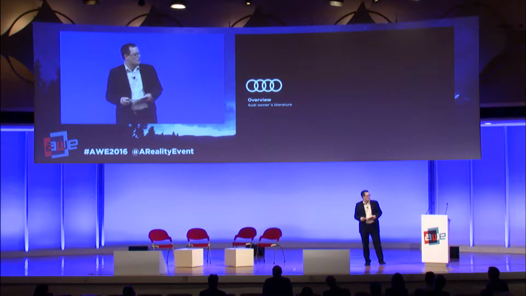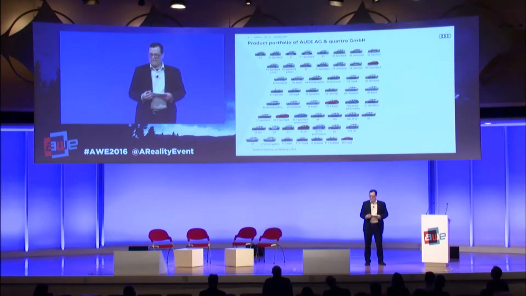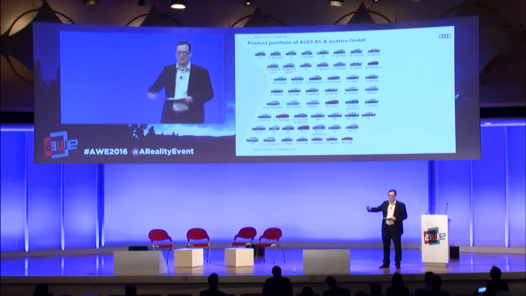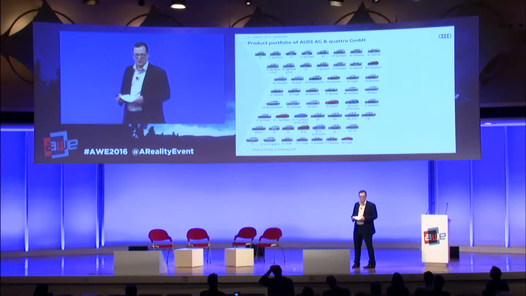So, just beginning with a short overview. I believe most of you, or everyone in this room, knows that we are building cars. By the beginning of this year, in our product portfolio, there were more than 50 different models. And we are also producing them not only in the colors silver, red, and blue.